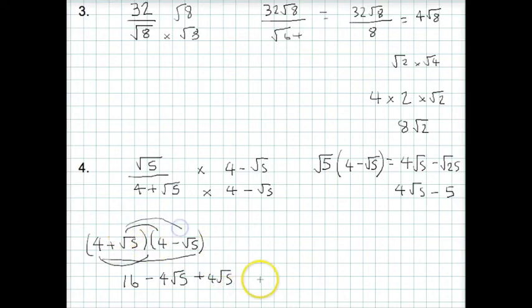And then you've got minus root 25. These again cancel out, and we're left with 16 minus the root of 25, which is 5, which leaves us with 11. So this time we've got 4 root 5 minus 5 all over 11.